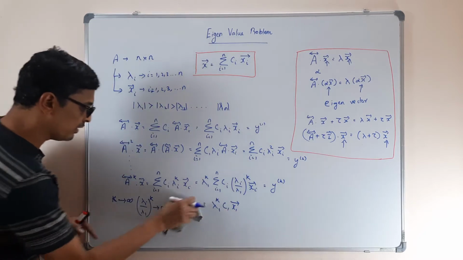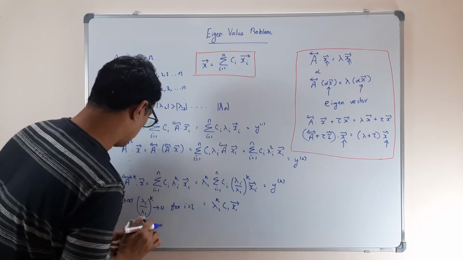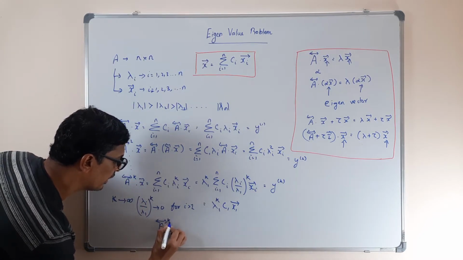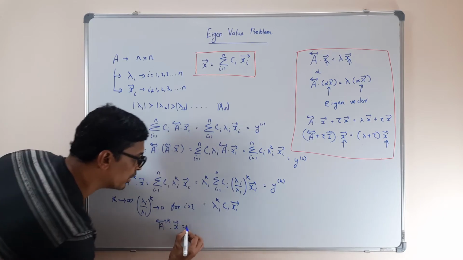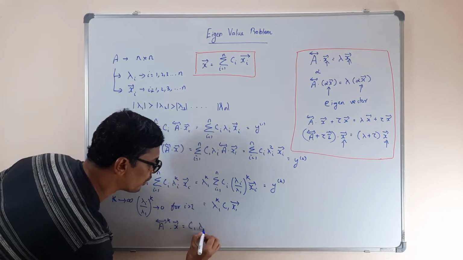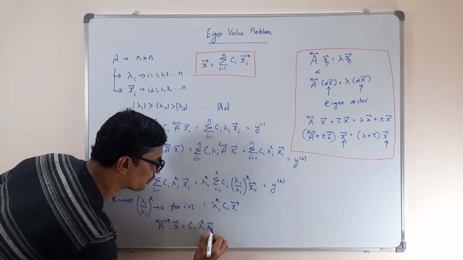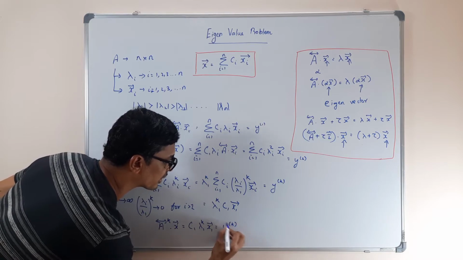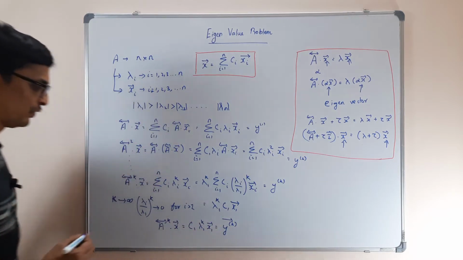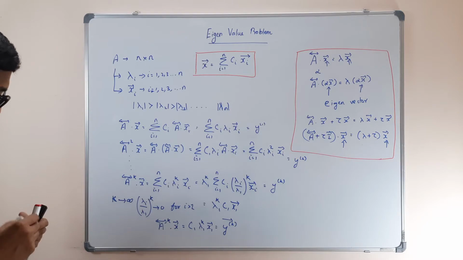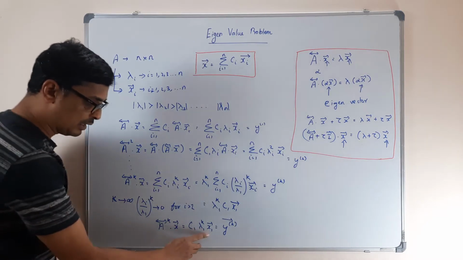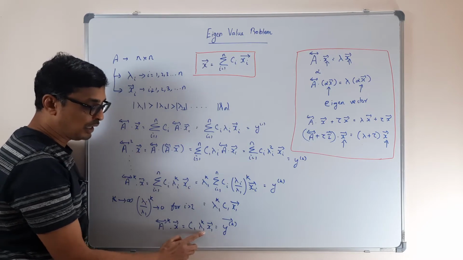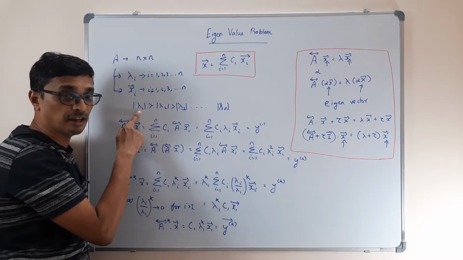Okay, so then what we got is A to the power k times the x vector will be equal to c1 lambda 1 to the power of k times the x1 vector, and this we write as y of k vector. Now what's interesting is that x1 is an eigenvector corresponding to the largest magnitude eigenvalue.